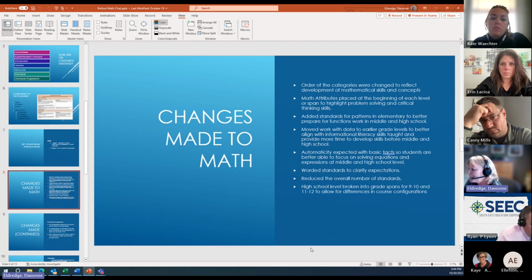When we talked about basic facts, one of the things that the middle and high school representatives on the committee stated was that our students did not have those basic facts down pat. And so we expect automaticity within the basic facts so that they are better able to focus on solving equations and expressions once they get to the middle and high school level.